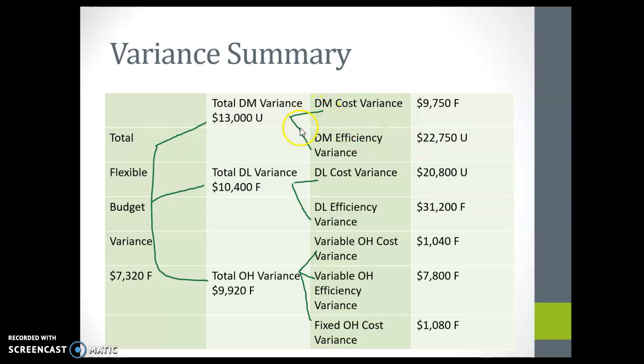So together these two equal the 13,000 unfavorable direct materials variance that's on the budget report, which you didn't get to see, but you would combine these two cost and efficiency variances to see what we ended up with.